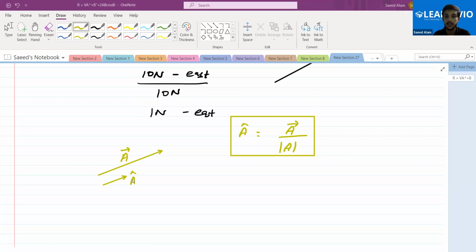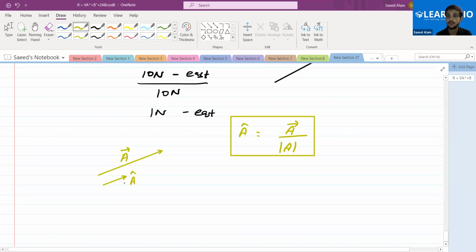So to find the unit vector, I just need to divide the vector by its magnitude. Is this clear to you? Let me ask you one more thing.